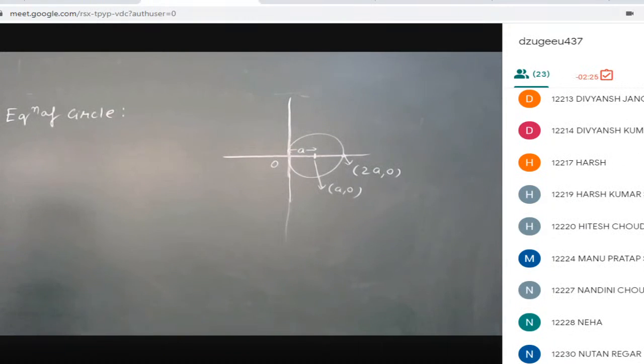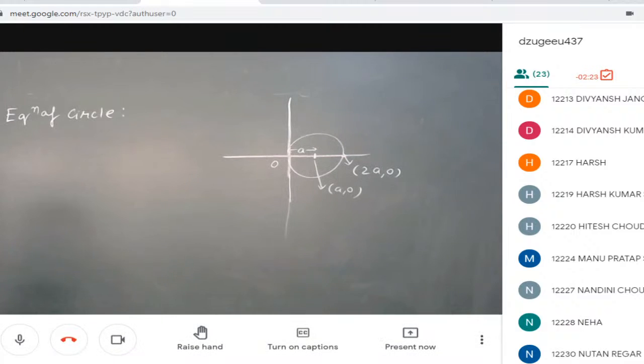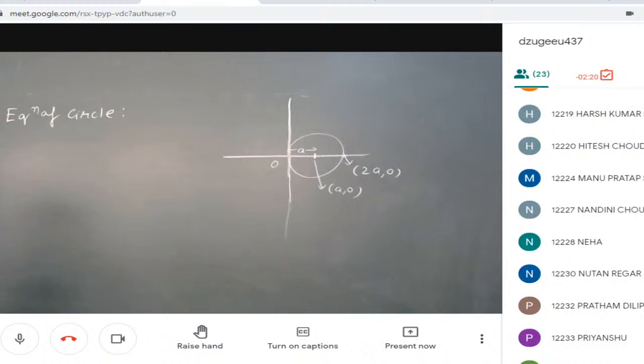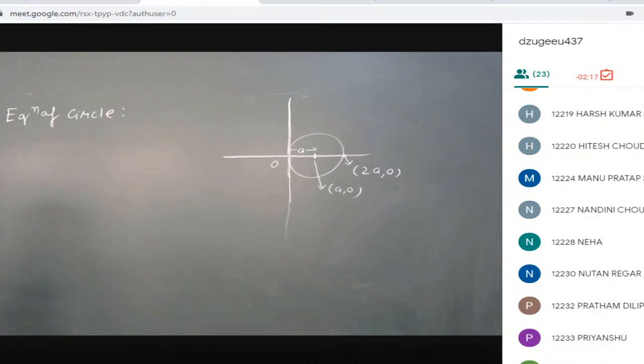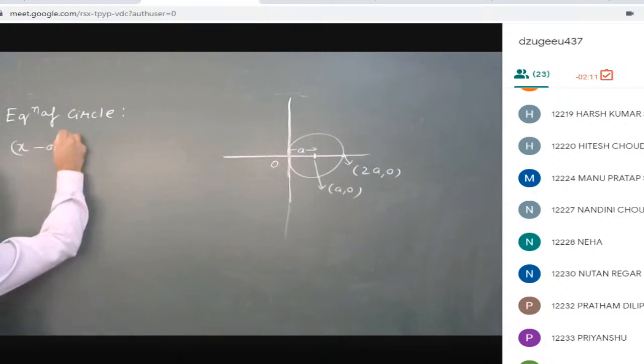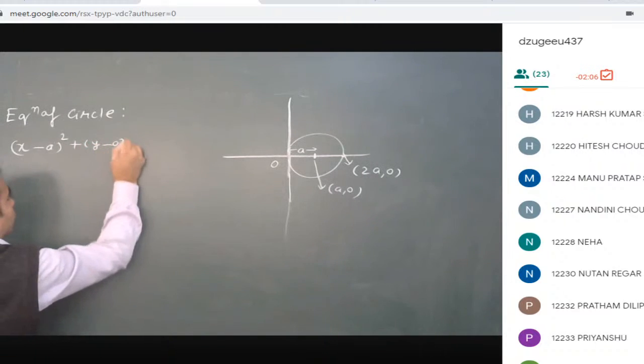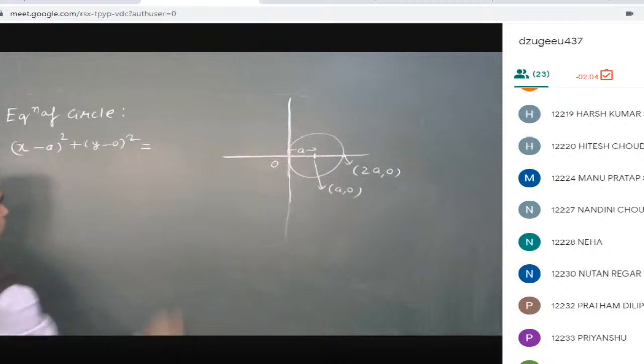Yes, Nutan: x minus a whole square plus y minus 0 whole square equals a square, the radius square. The radius is a only. Very good.